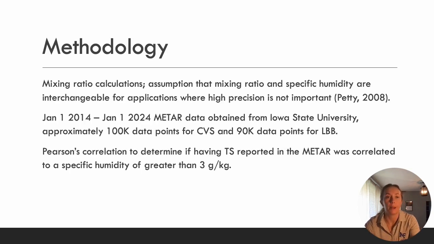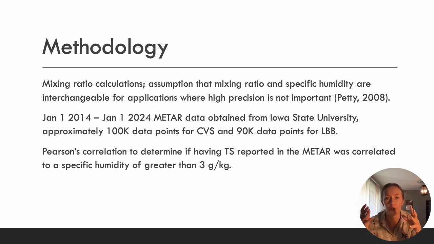So for my methodology here, I made a pretty important assumption, and that is that mixing ratio and specific humidity are essentially interchangeable, because what I'm doing here doesn't require a high degree of precision.